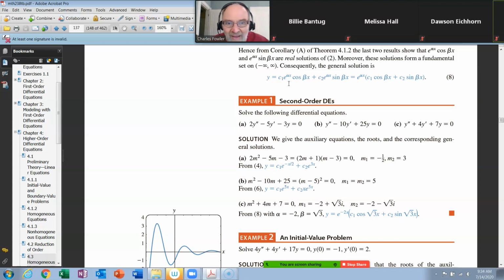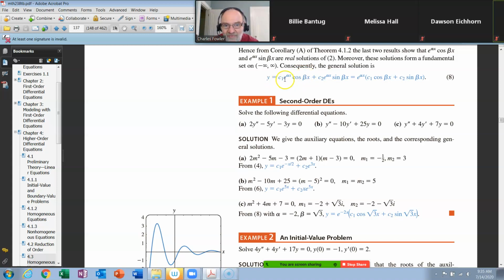So here's what we have then. Here is your bottom line. If your discriminant is negative, so you have complex solutions, you do the same thing that we did before, but the alpha is the real part of that solution and beta is the imaginary part of the solution.